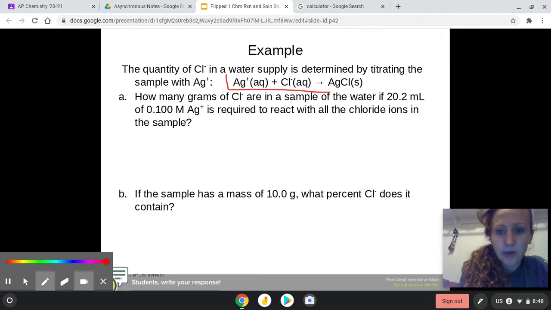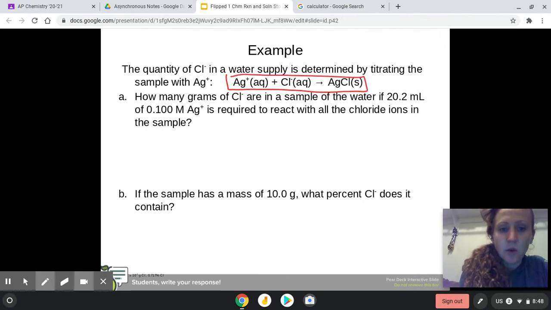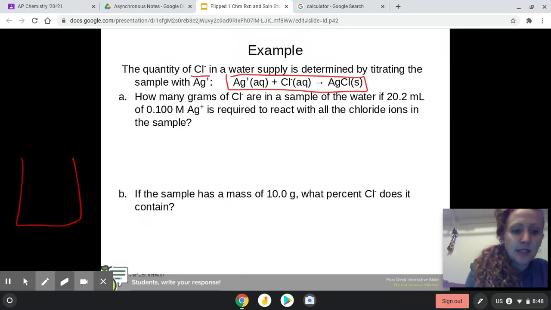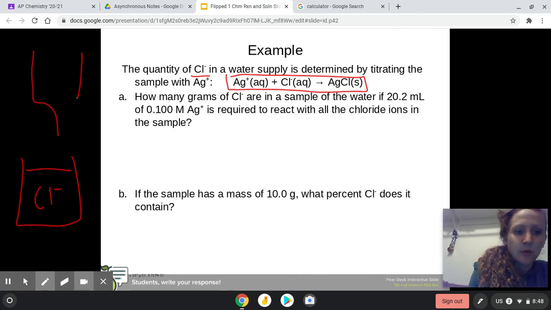All right, here's my reaction. The quantity of Cl minus in a water supply is determined by titrating the sample with Ag plus.